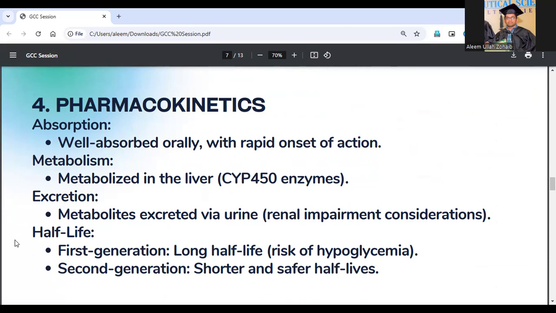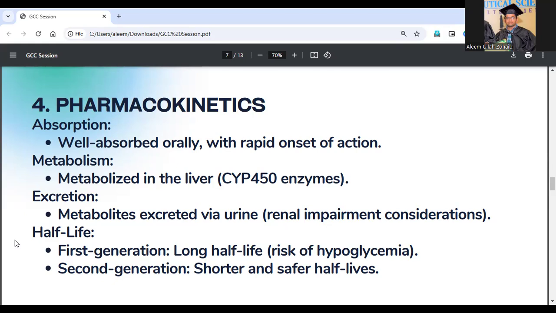So when a drug inhibits the enzyme, the drug remains longer in the body and causes more side effects. When the enzyme system is induced, the metabolism is rapid. It is metabolized by the cytochrome P450 system.